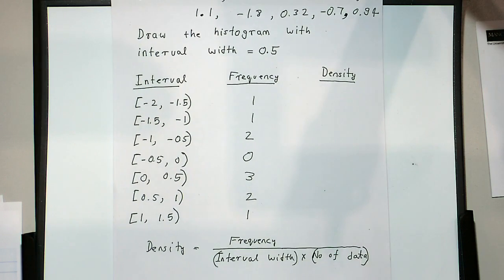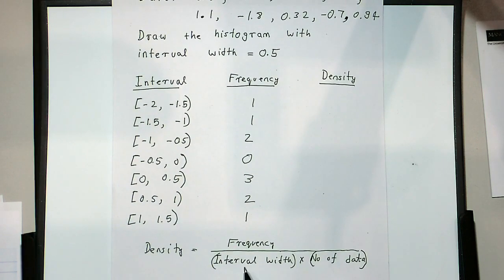Right? Okay, so the frequency column divided by the interval width multiplied by the number of data.